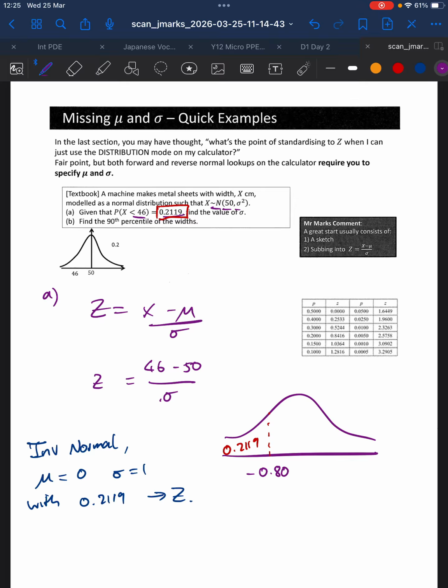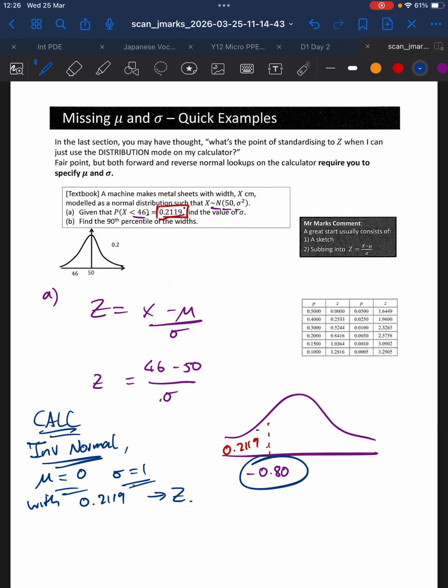So just to recap, I'm using the fact that being less than 46 is this probability. Well, there is also a Z value version of saying the same thing. And if I use my calculator and I use the inverse normal mode, I can use the fact that the standard normal always has a mean of 0 and a standard deviation of 1.